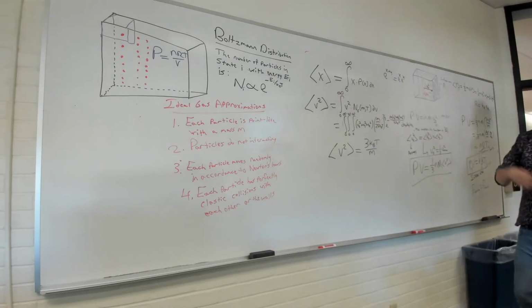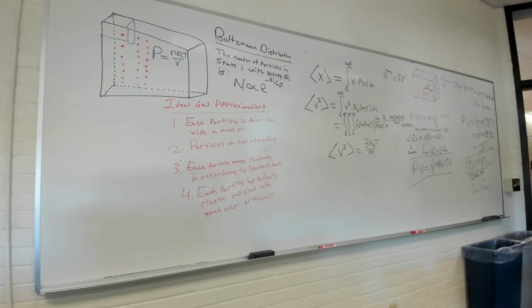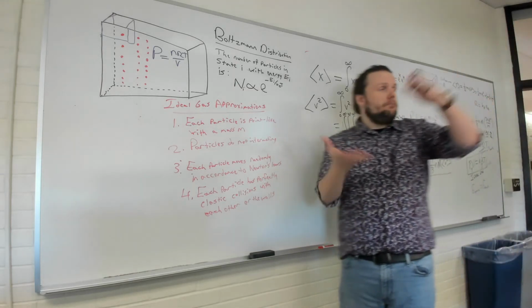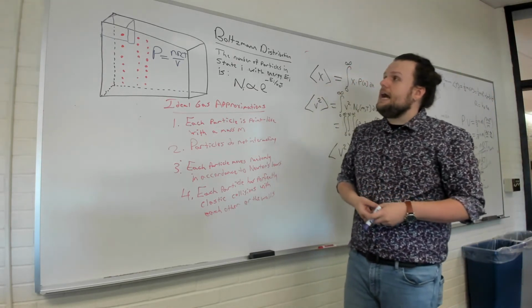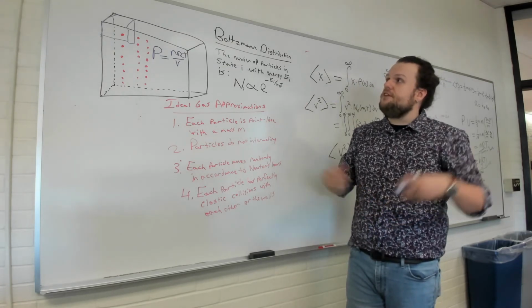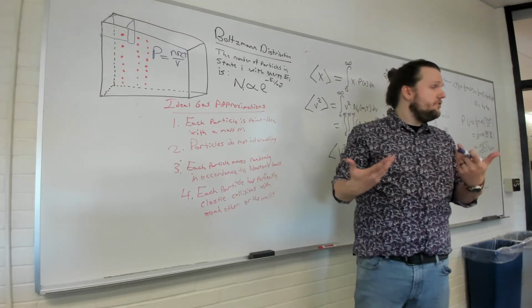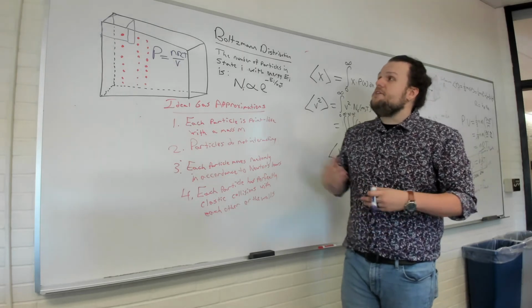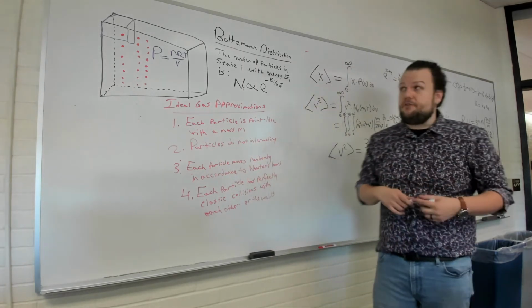Right, so now we've described our box of gas ideally, and now we can start doing math and work on it. We can start asking questions, right? What happens to this box of gas as we start to compress it? What happens to this box of gas as we increase the temperature? How much energy does it take to increase the temperature of the box?